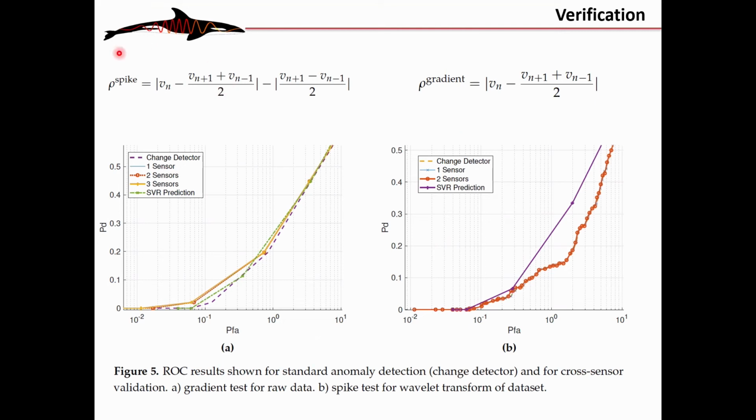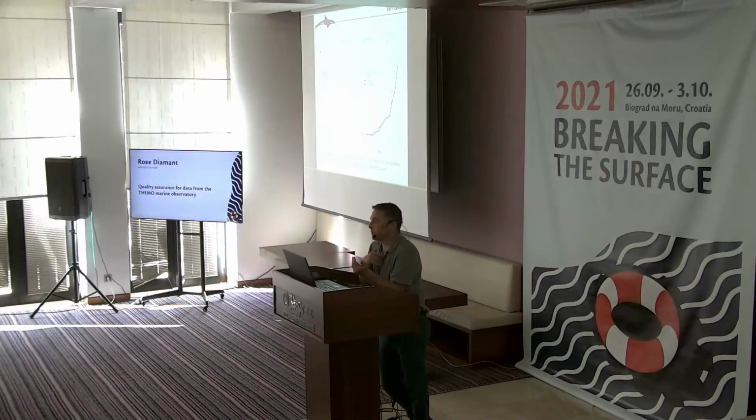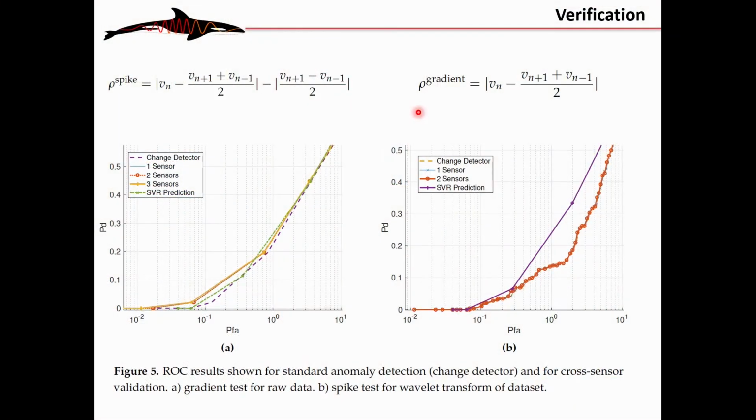And the raw spike data is then being handled by the CFAR detector. The other method is called the gradient, where we are actually looking at the gradient of the data itself. Both of these methods are basically part of a standard that is set by Ocean Networks Canada in their Neptune system. So we basically adopted it.